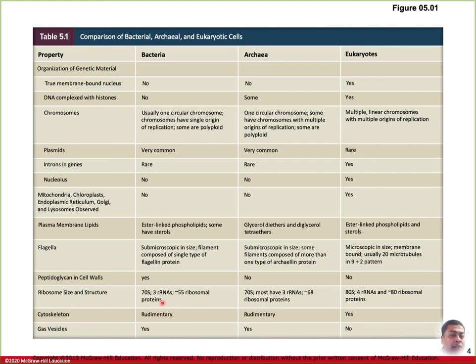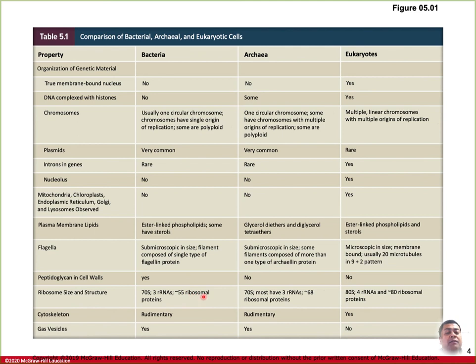Then the ribosome size and structure: in bacteria it is a 70S structure made up of 2 subunits, the small subunit is 30S and the large subunit is 50S. The large subunit is made up of 23S and 5S, whereas the small subunit is made up of 16S ribosomal RNA.